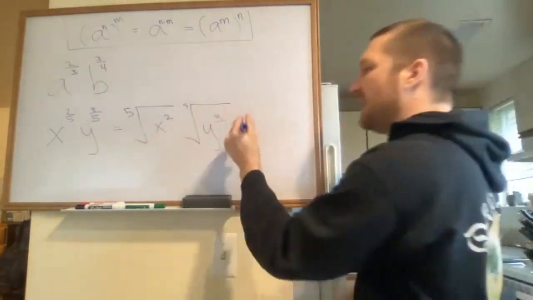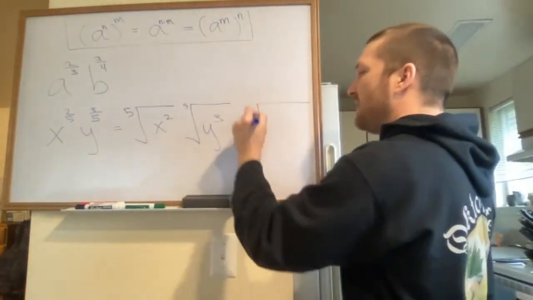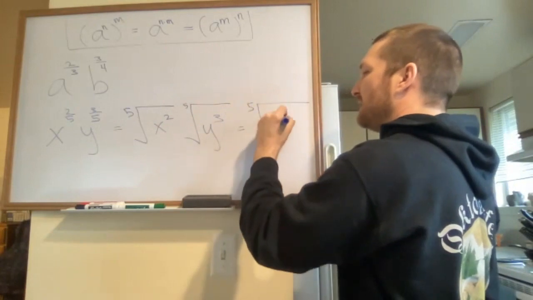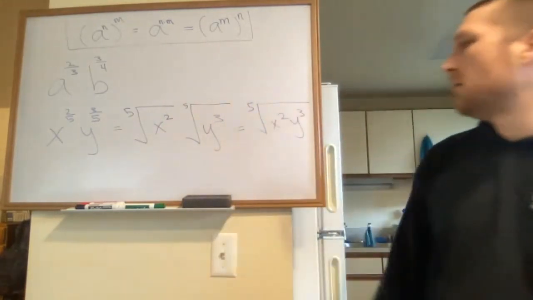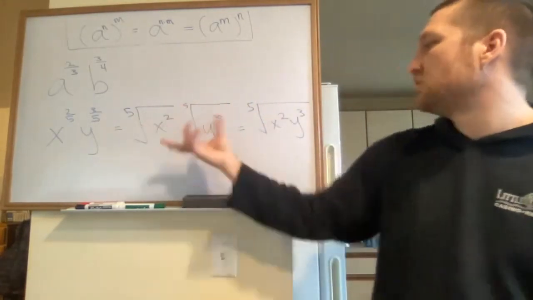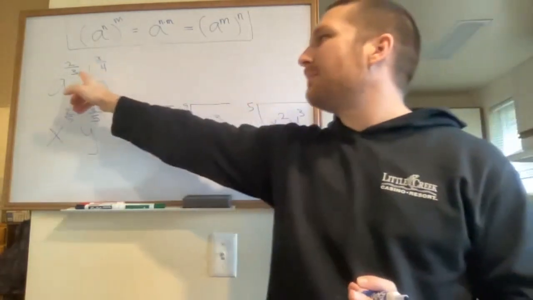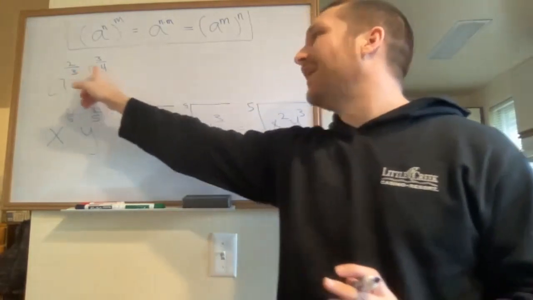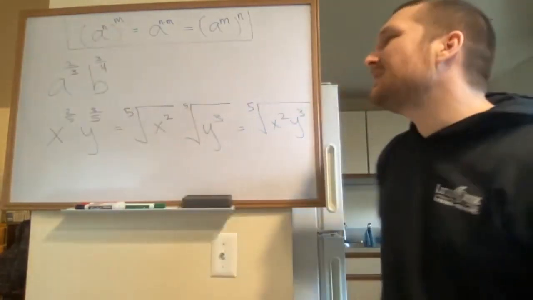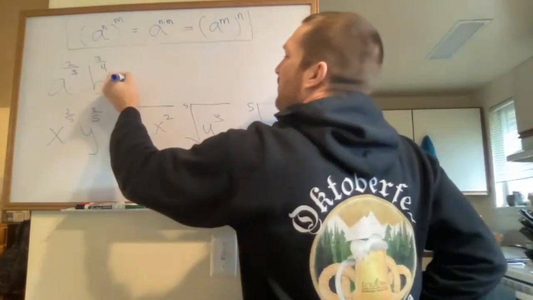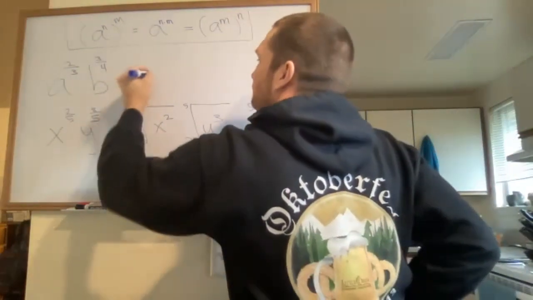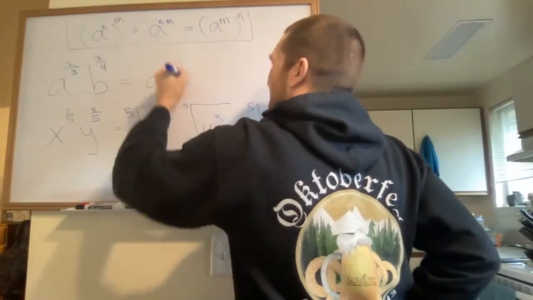And then I could combine these under a single radical by that nifty little fact we had from a week ago, which is that multiplying 2 radicals gives you both under a single radical. The problem is we do not have a common denominator. And so we need to rewrite these with a common denominator, which would be what?